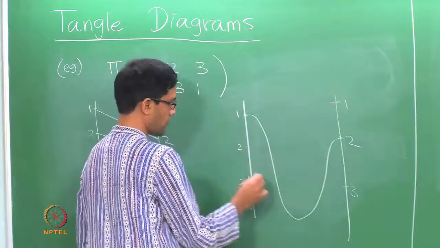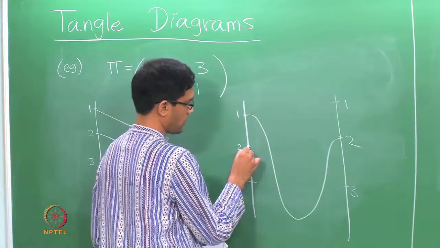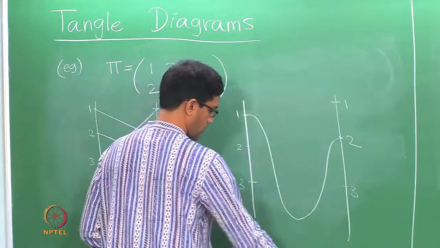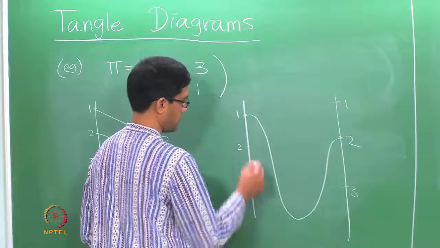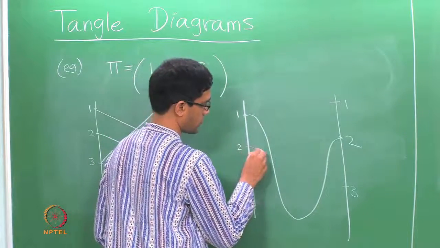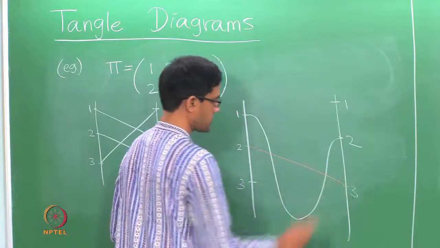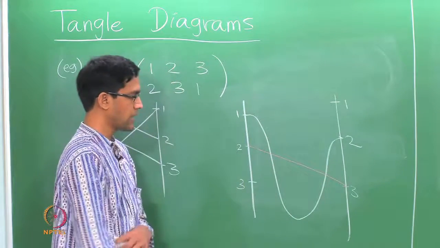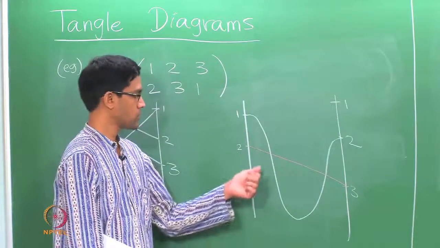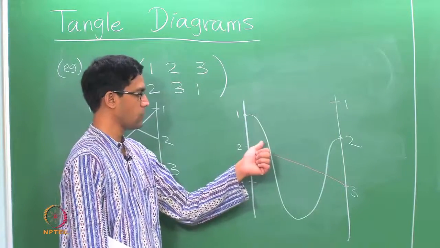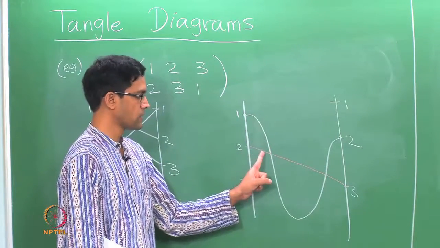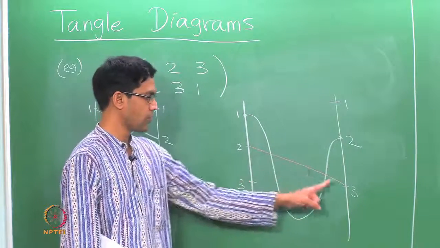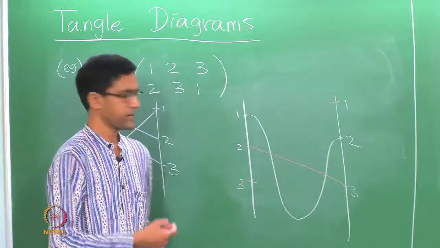So when 2 maps to 3, here's one obvious thing one might have thought of: let's just try and make 2 go to 3 like this. But that would violate rule number 4, because these two curves, the first curve that we drew and the curve in red, intersect in 2 points, so we are not allowing double intersections.